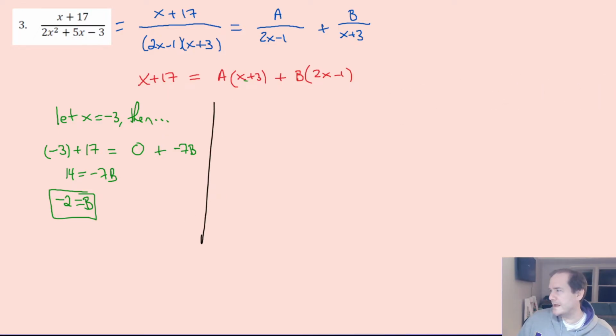This time we're going to do it in burnt sienna. Let x equal, the 0 here would be +1/2. So slightly annoyingly, this side is going to be kind of ugly. We can just call it 17.5 for now. And this is going to be ugly too.